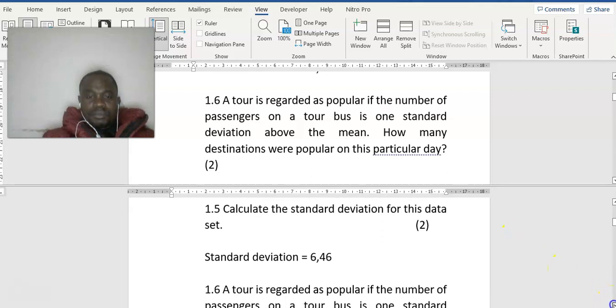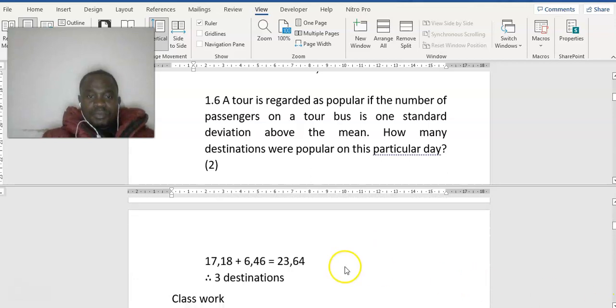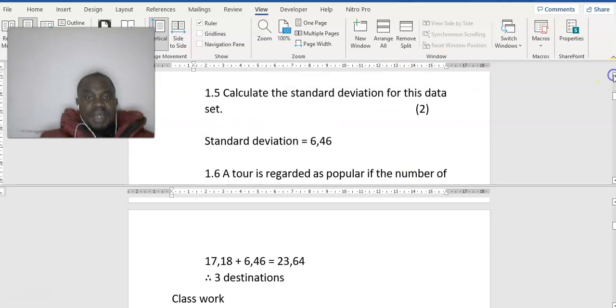So here, 1 standard deviation above the mean means it's going to be the mean plus the standard deviation. When you say above the mean, it is the mean plus the standard deviation. When you say below the mean, it is the mean minus the standard deviation. So this one they are saying above the mean, so it is the mean plus the standard deviation.